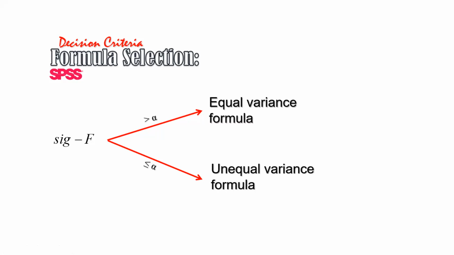We read the unequal variance finding. Because when we run the independent sample t-test, they will provide us with two findings, either it is for equally varied, homogeneous, equal variance, or unhomogeneous, unequal variance. So this is the indicator.